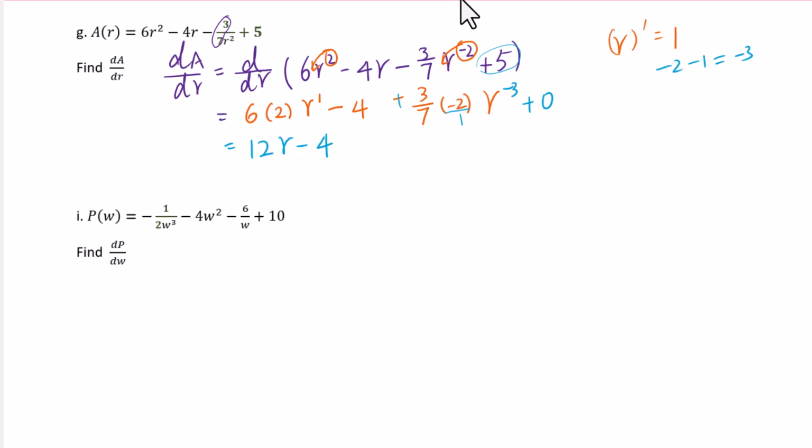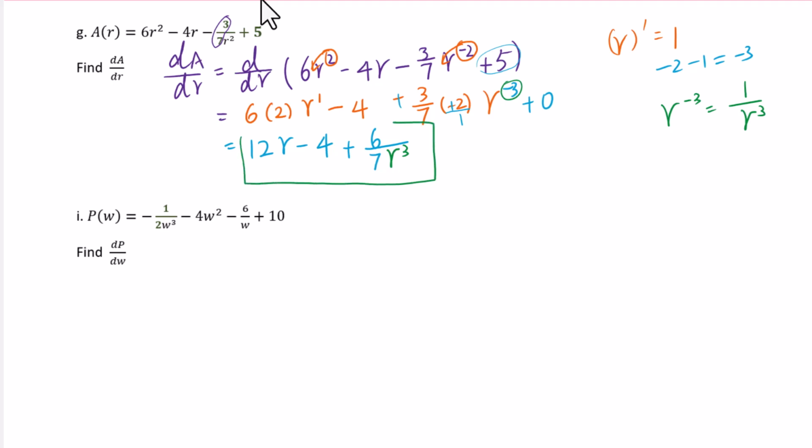Negative negative will be positive. 3 times 2 is 6 over 7. r to the negative third power equals 1 over r to the third power. So we make r to the third power in the denominator. This will be the final answer.